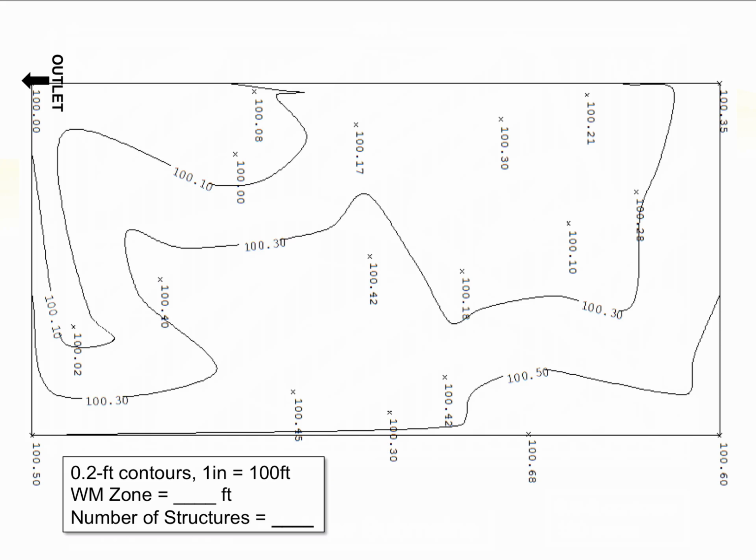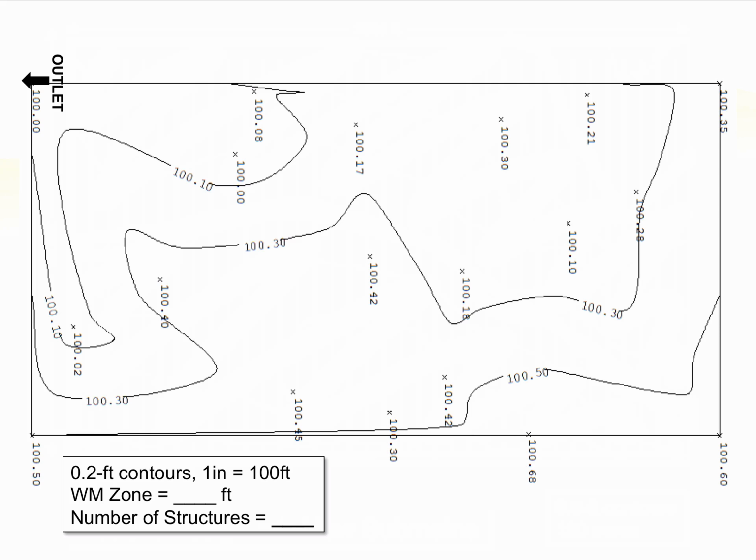Even though I've got 3 contour lines running through this field, if you look at the spot elevations, we really only have slightly more than 6 inches of elevation change across this field. We go from 100 feet at the outlet up to a high point of 100.6 down in the bottom right corner.